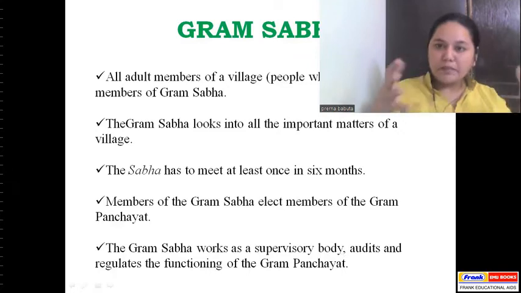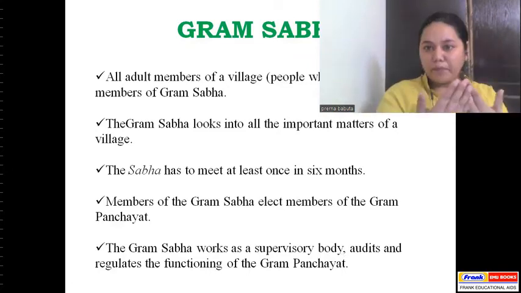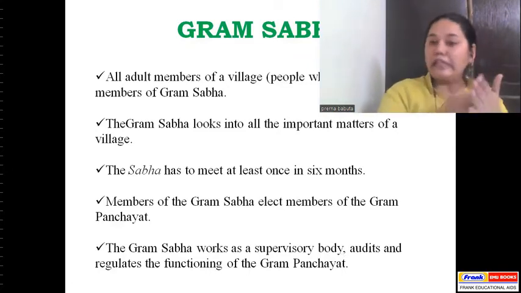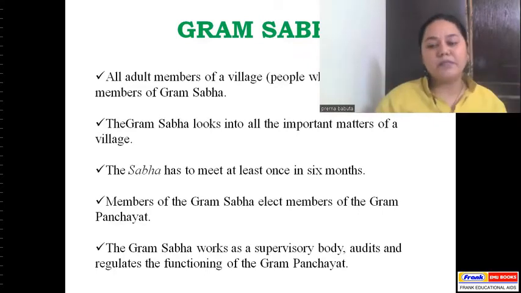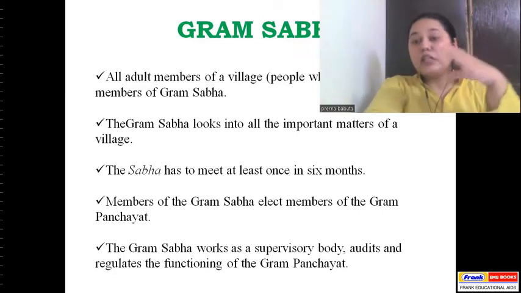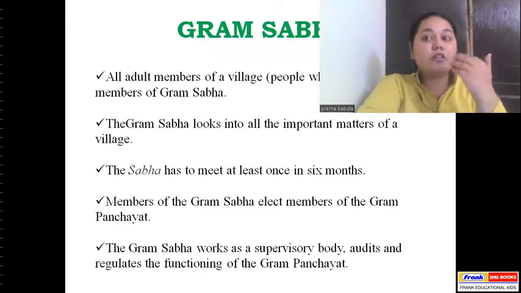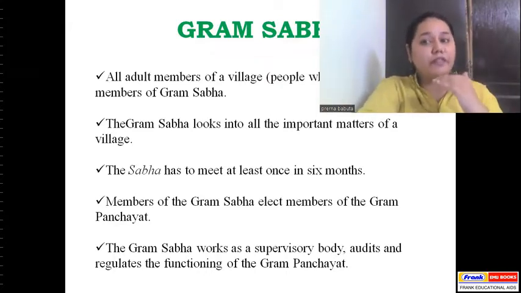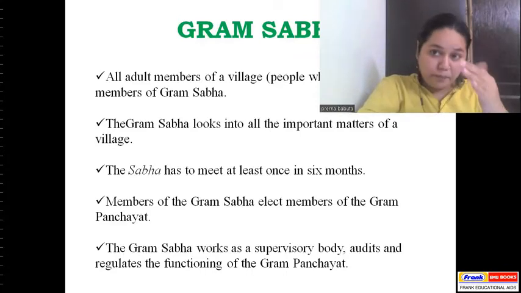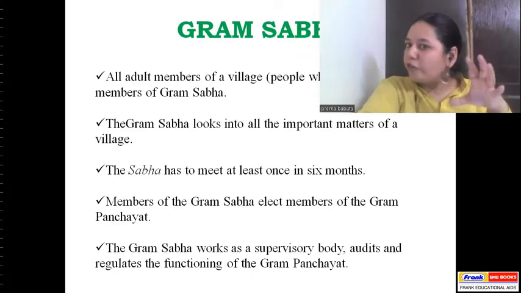So Gram Sabha consists of many people. Every person in the village who's 18 years and above is a member of Gram Sabha. And they are the ones who elect, sorry, not select, but elect. So there's a kind of voting system that happens even in villages. So they elect members of Gram Panchayat, who are a handful of people.